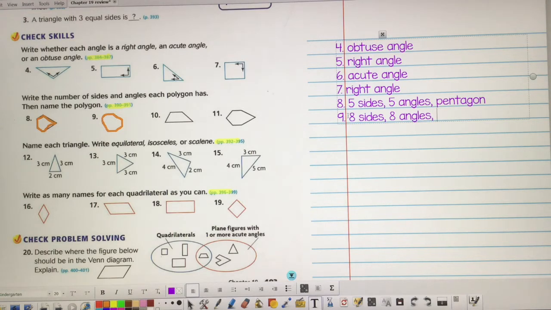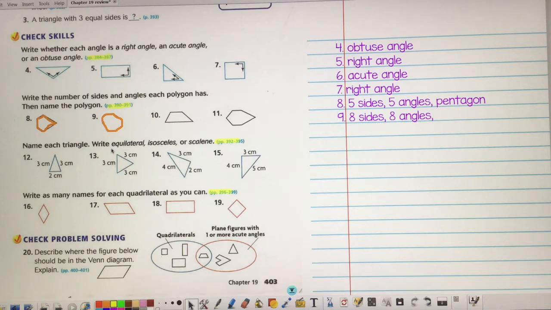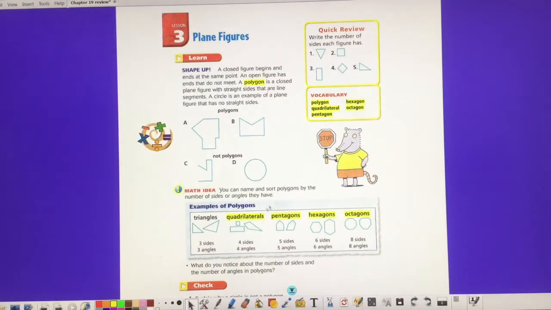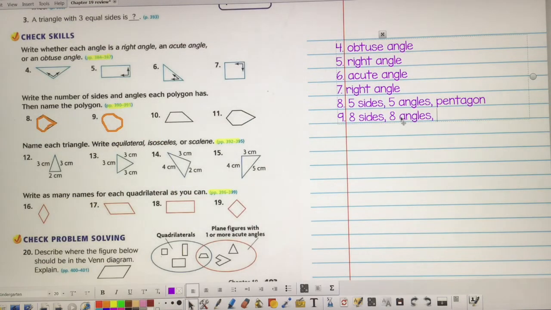And I'm going to go back to page 390, 8 sides, 8 angles. I don't remember that one. It's not a triangle, not a quadrilateral, not a pentagon, not a hexagon, but an octagon. So I need to go back here and make sure I label it. It is an octagon.